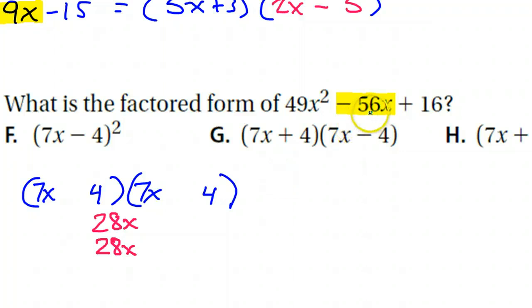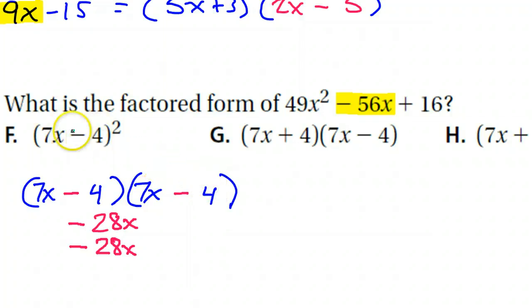Now I'm trying to get negative 56. 28 plus 28 is 56, but I need negative 56, so I'll need a negative 28 and another negative 28. So both of these will have to be negative, which will give me a positive 16, by the way, because a negative times a negative is a positive. So 7x minus 4 times 7x minus 4.